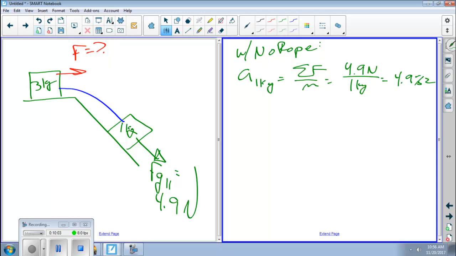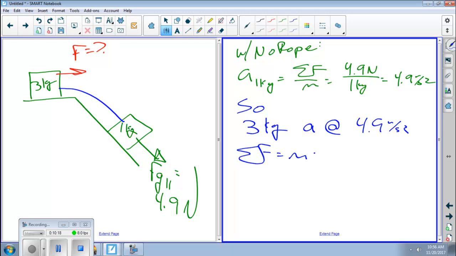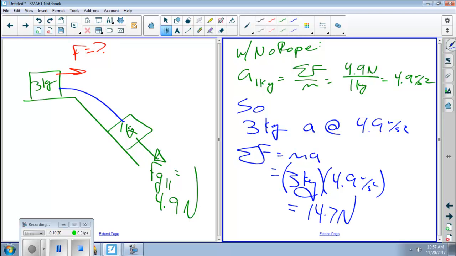Follow? So, how do I make this 3 kilogram thing accelerate at that rate? So, 3 kilograms accelerating at 4.9 meters a second squared. Well, let's see. Net force equals mass times acceleration. I've got 3 kilograms, and I want to accelerate it at 4.9 meters a second squared. So multiply it and get 14.7 newtons.